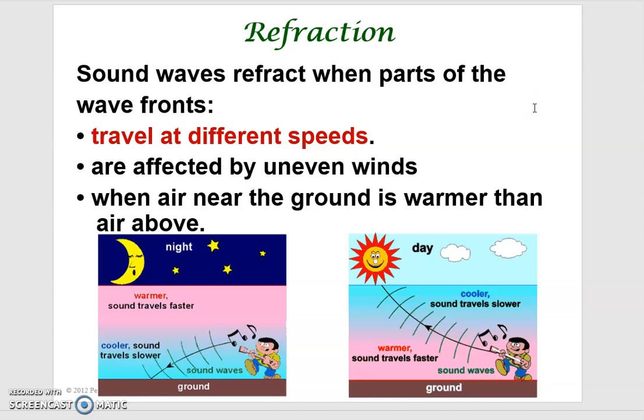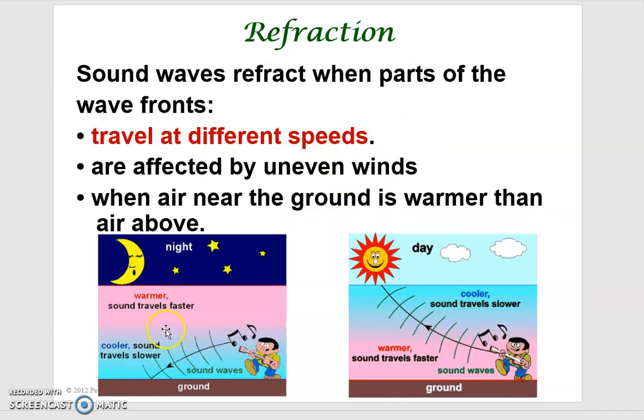It is the oscillation, rarefaction, and compression of air molecules. So uneven winds will also change the speed of wave propagation. And also, whether the air is near the ground or above the ground will change the velocity.